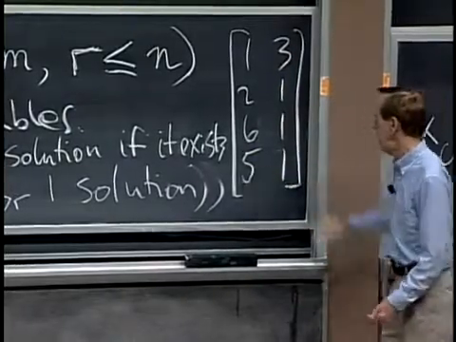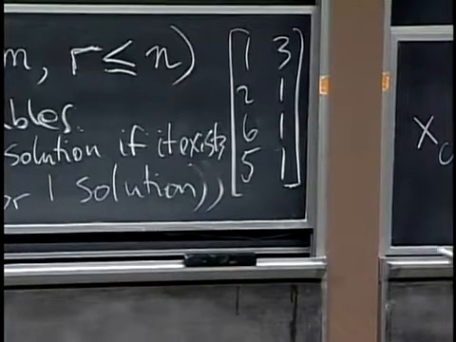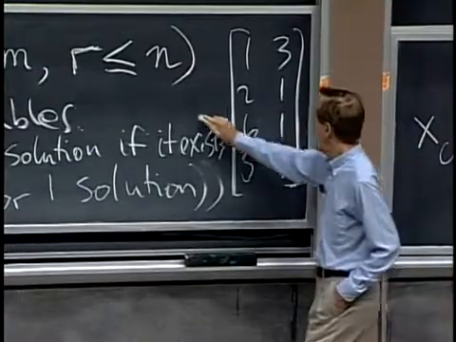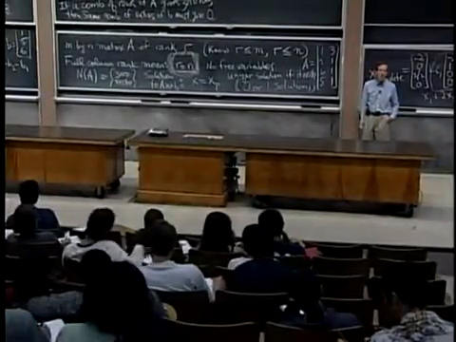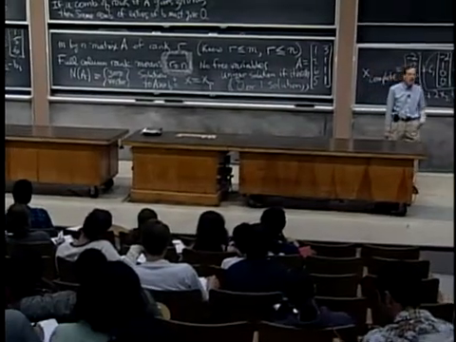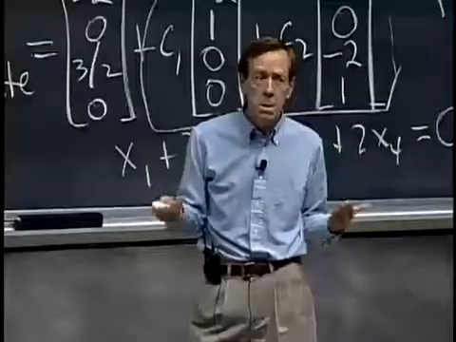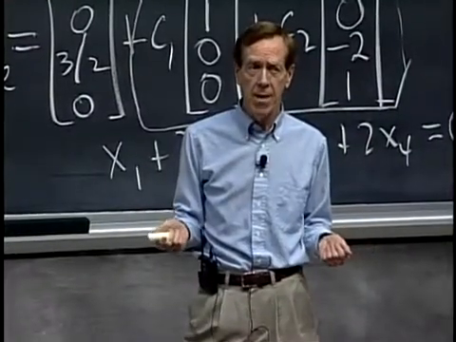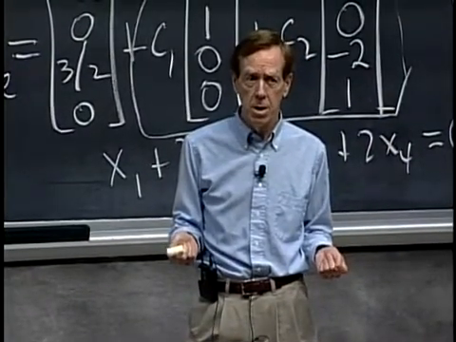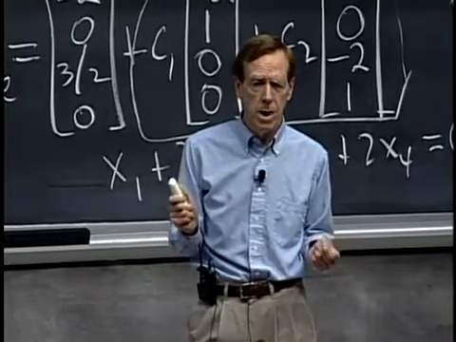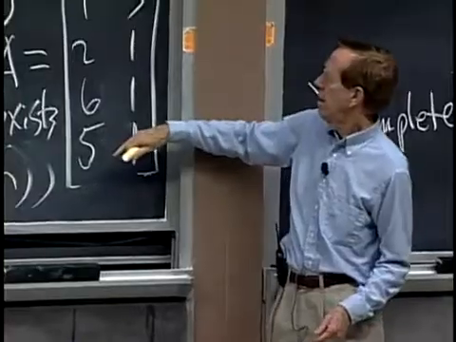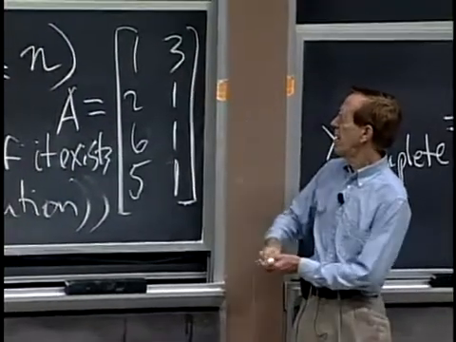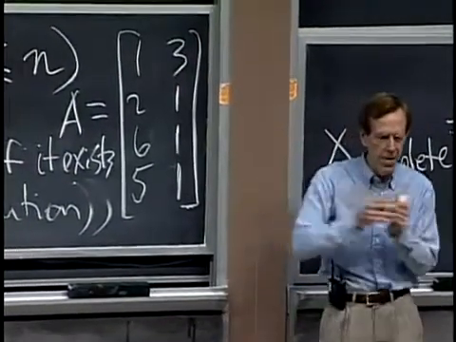Brilliant example. Okay. So there's a matrix A. And what's the rank of that matrix? How many pivots will I find if I do elimination? 2, right? I see a pivot there. Those 2 columns are headed off in different directions.